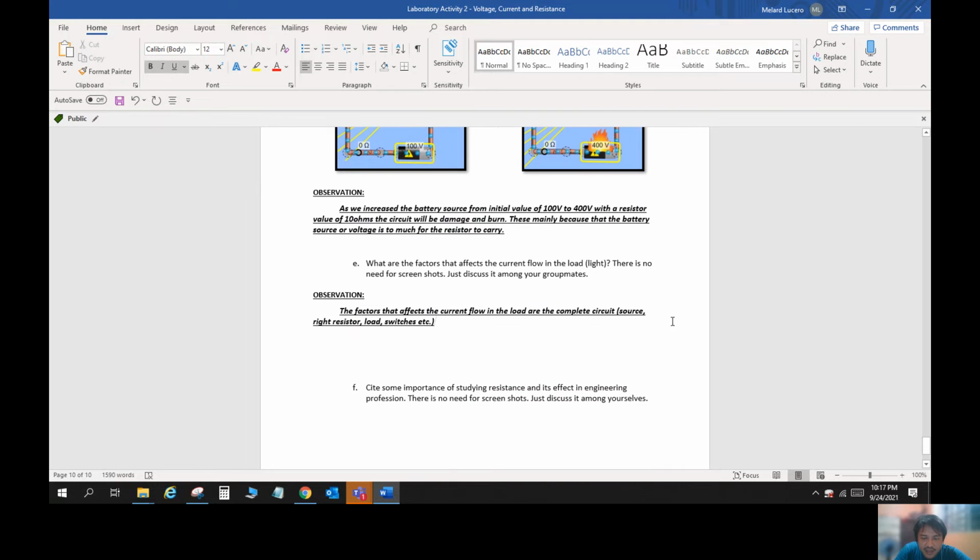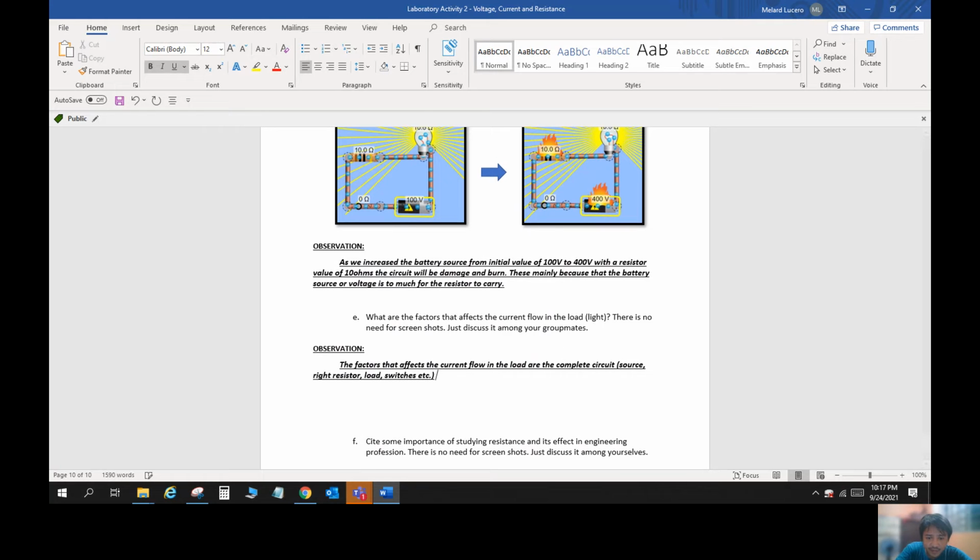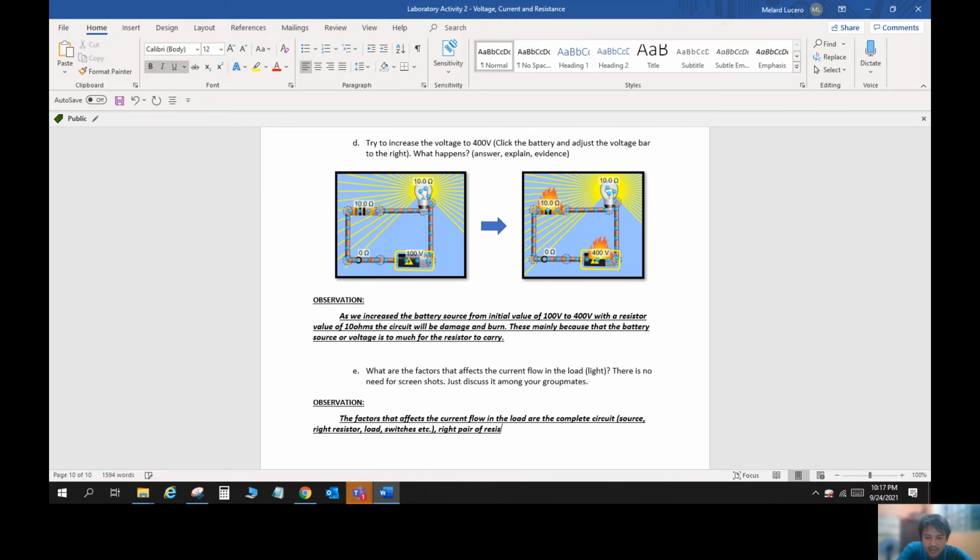So ano pa ba? So dapat complete yung circuit natin. Right? So emphasize lang natin dito siguro. Right pair of resistor.